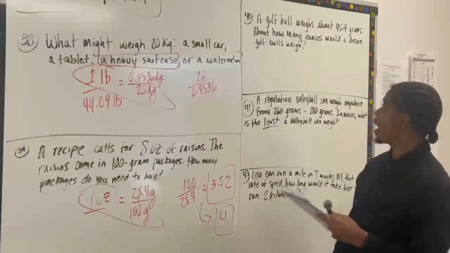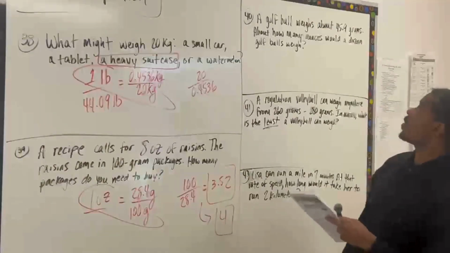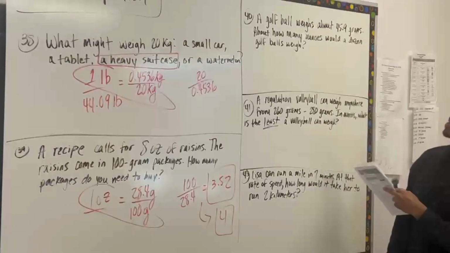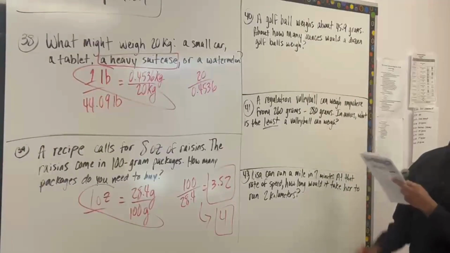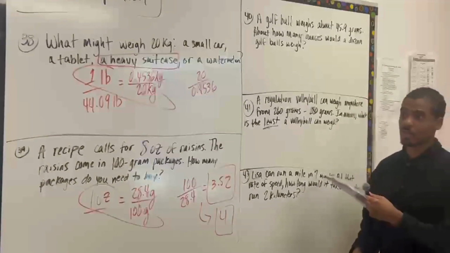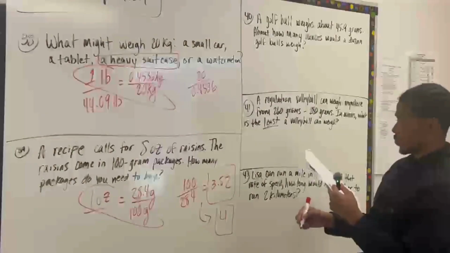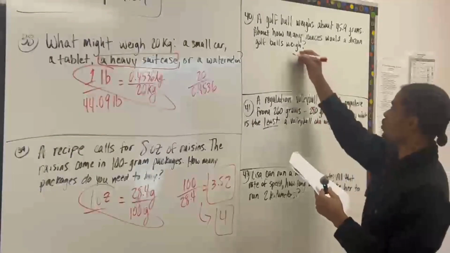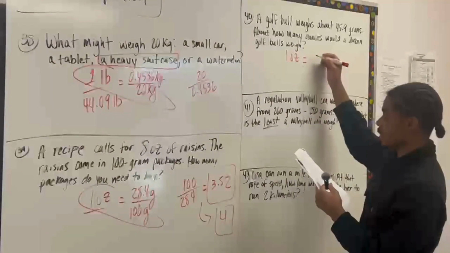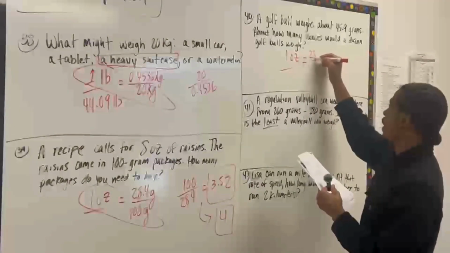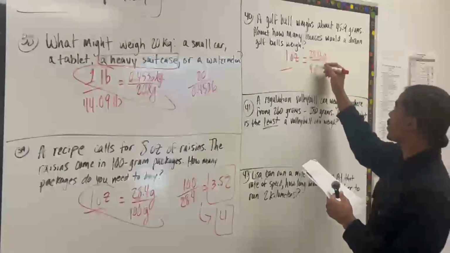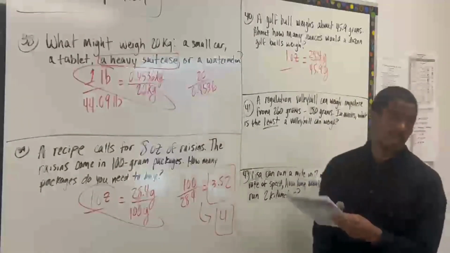Okay. All right, for this next one, a golf ball weighs about 45.9 grams. How many ounces would a dozen golf balls weigh? I think this was the one I was telling you to multiply. I got those backwards. So for number 40, you set up your original conversion, which is 1 ounce is equal to 28.4 grams, and then I'm going to put 45.9 grams under here.